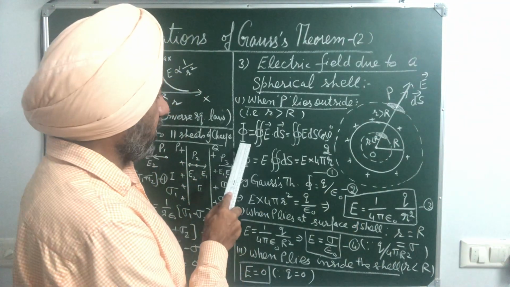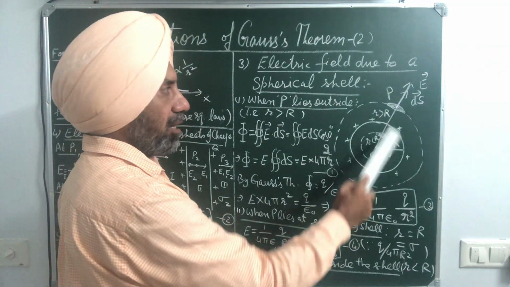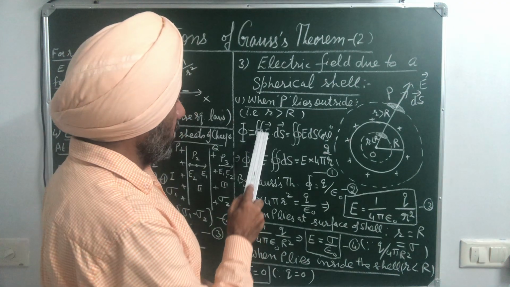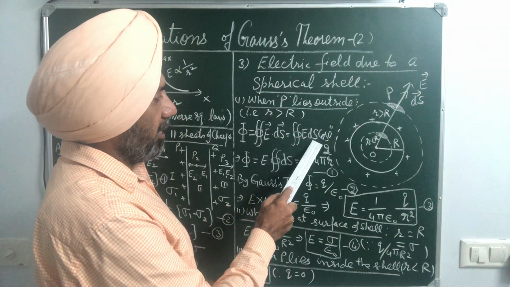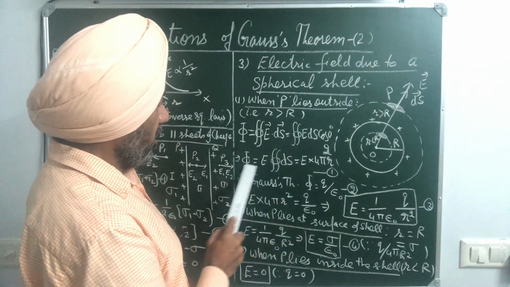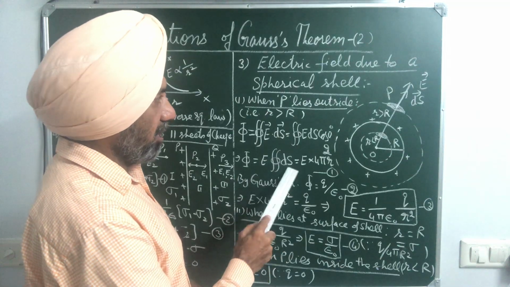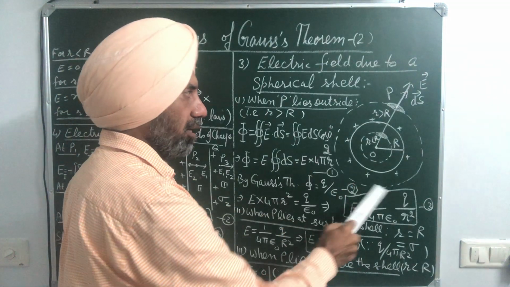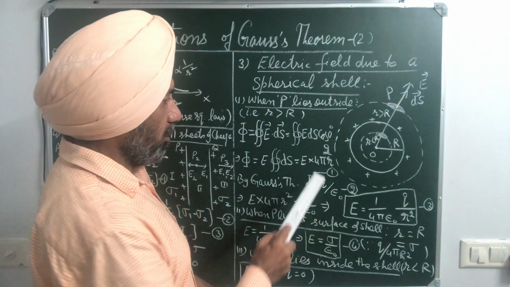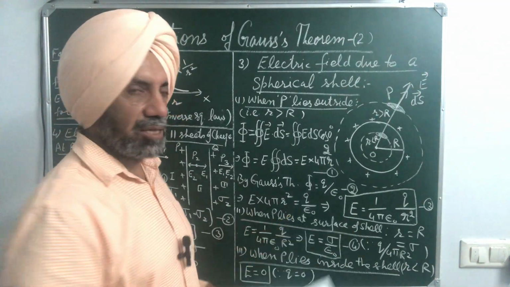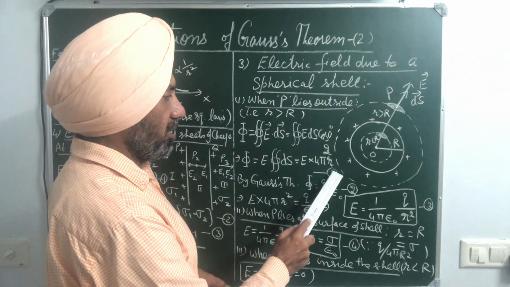So the total electric flux at this point P is given by closed surface integral E dot ds, or E ds cos 0, cos 0 is 1, or phi is equal to E closed surface integral ds. The closed surface integral ds of a sphere of radius small r is given by 4 pi r square. So flux will be E into 4 pi r square, equation number 1.